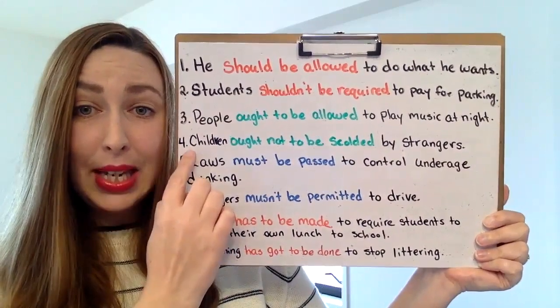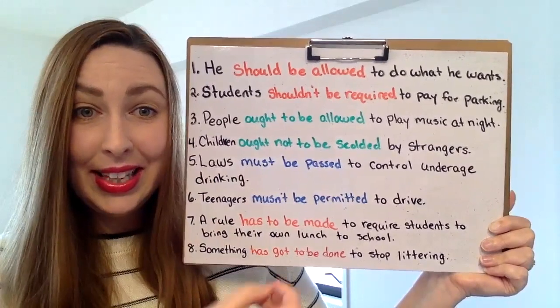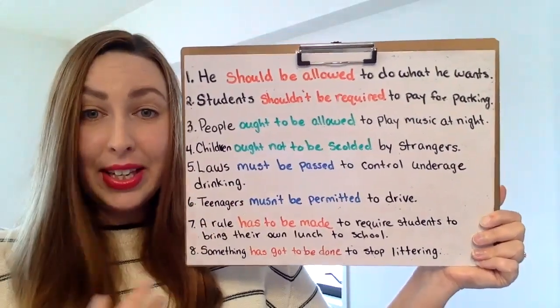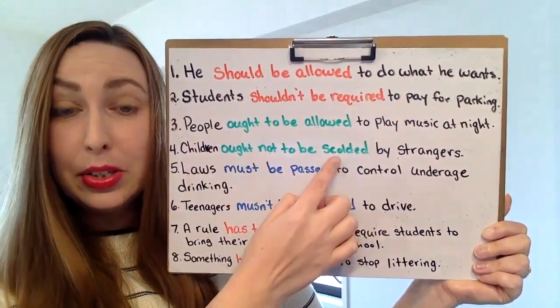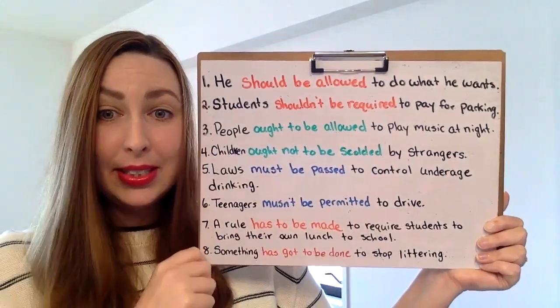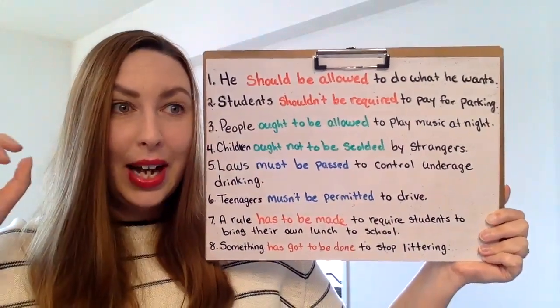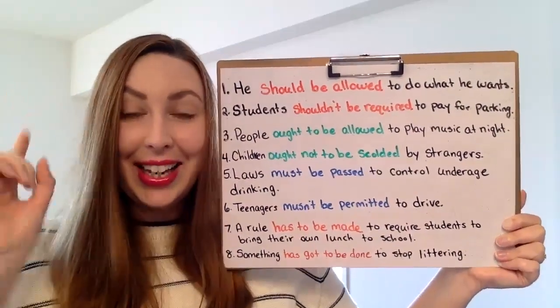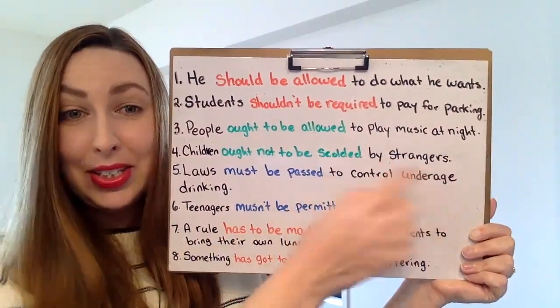So, number 4, the opinion or the recommendation here is that I don't think children should be or ought not to be scolded. So scolded means like reprimanded or kind of yelled at, like, hey, you shouldn't do that, okay, by strangers.